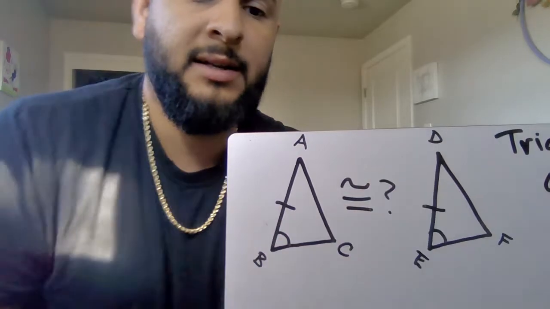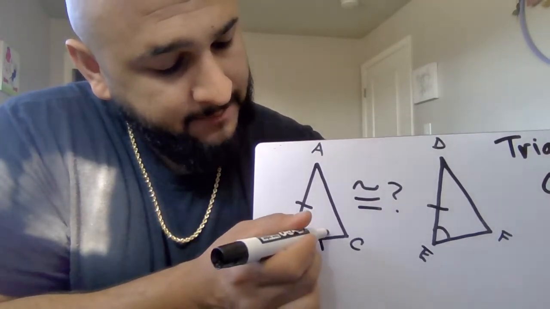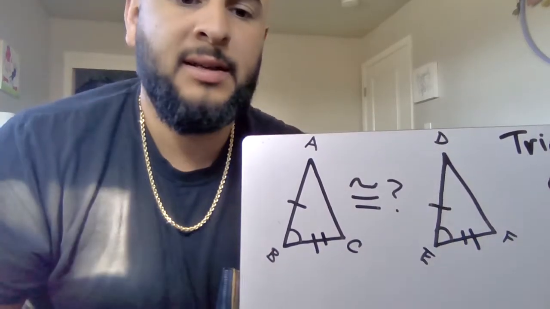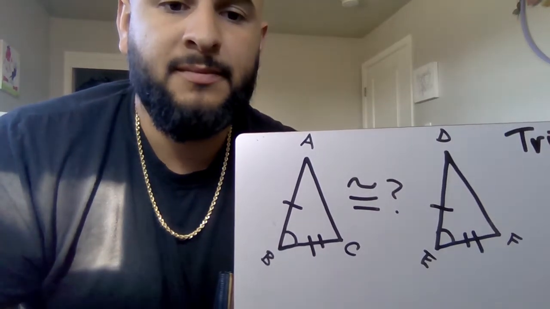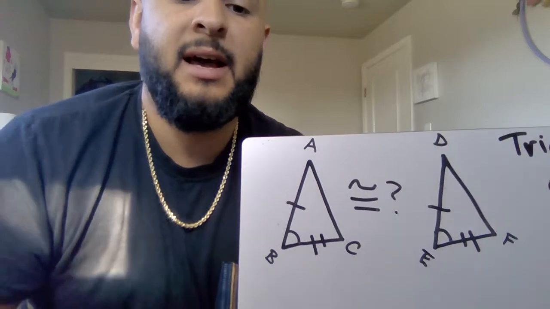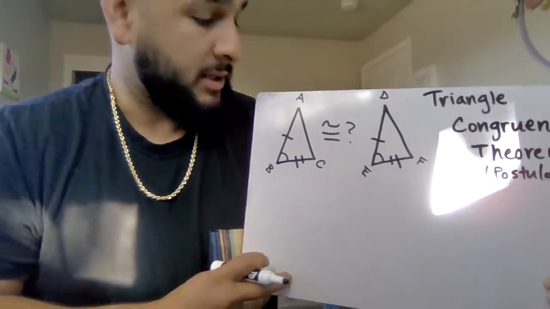Now if you told me that, if we measured it, this side and this side are also corresponding and congruent, now I have enough information to state that triangle ABC is congruent to triangle DEF.